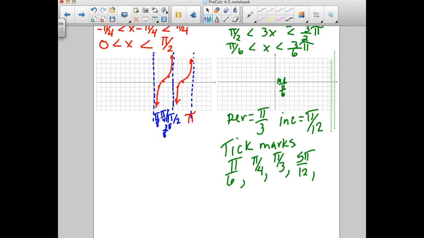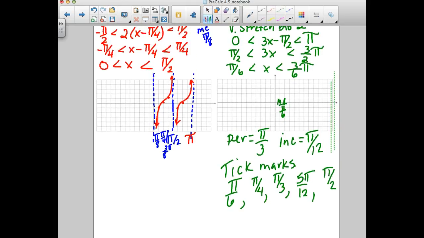Our next one would be 6/12ths, which is a half. Okay, so does that fit what we said here? We're starting at pi over 6, right? We're ending at 3/6 or a half. Does that work? Okay, so we've got pi over 6.